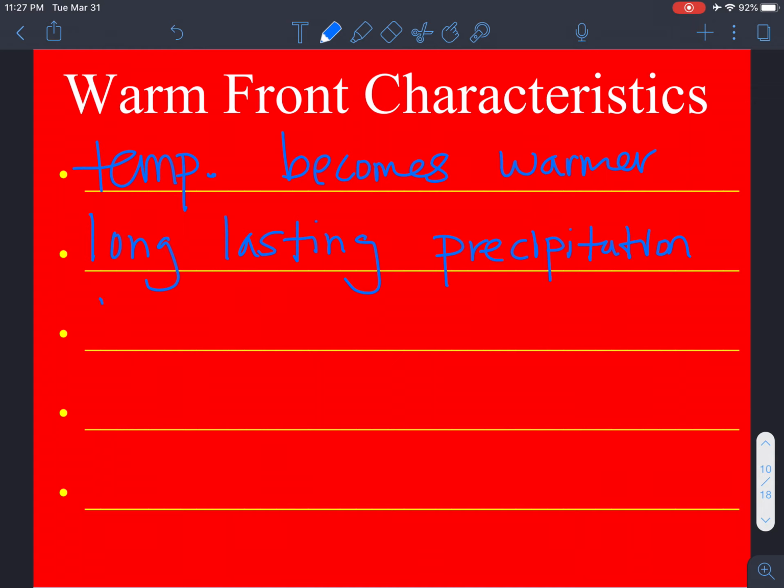You're going to have long, stretched-out clouds. The air pressure is going to drop also. So air pressure becomes low. And low air pressure is associated with a maritime tropical air mass.